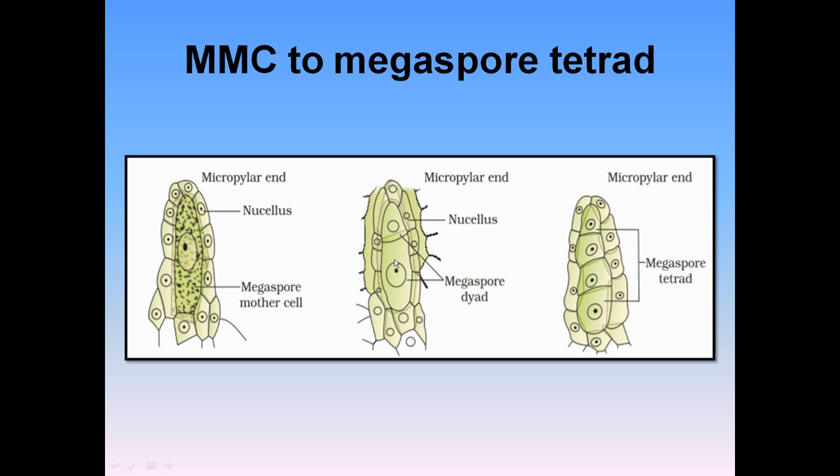This is the result of meiosis 1, and this is the result of meiosis 2, or the end of the meiosis process. You can see four haploid cells arise from the single diploid mother cell, and this mother cell in this case is the megaspore mother cell.